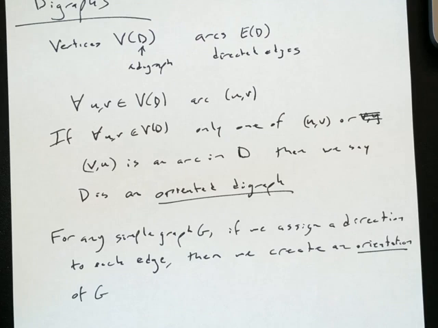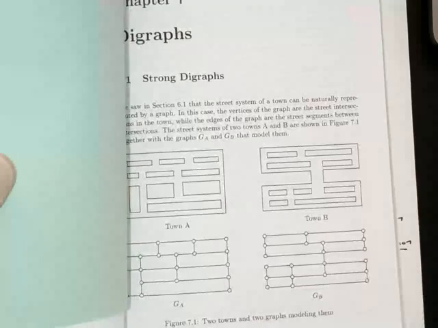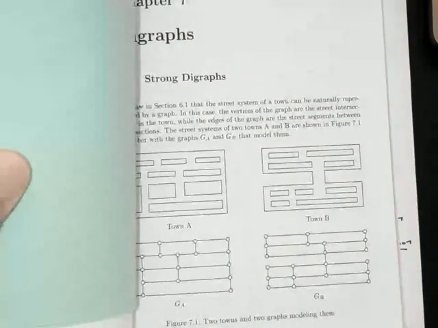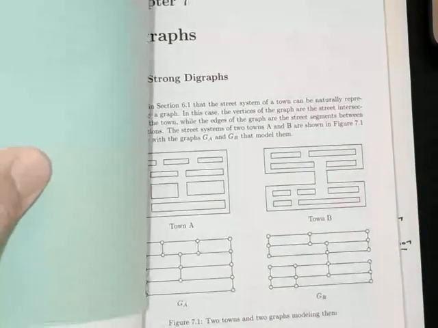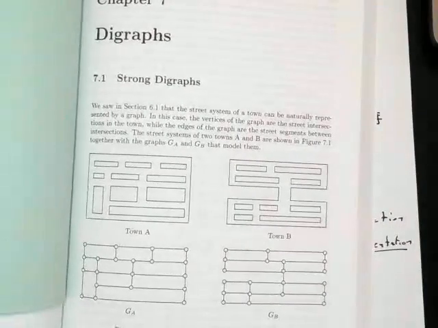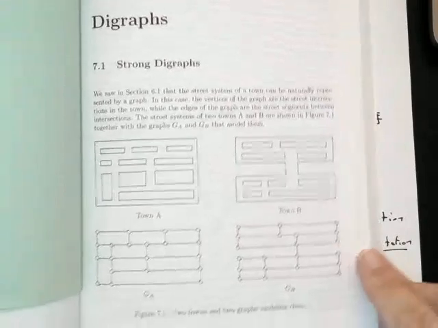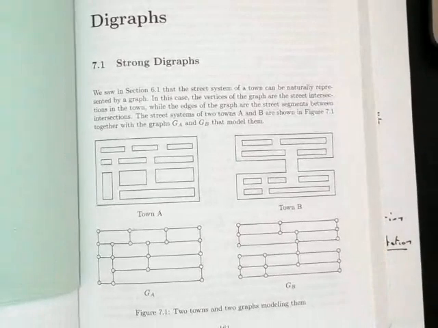Yeah. But if I look at a graph on page 161, that's completely simple graph, not oriented. How many different ways can I make those streets one way? A very big number.